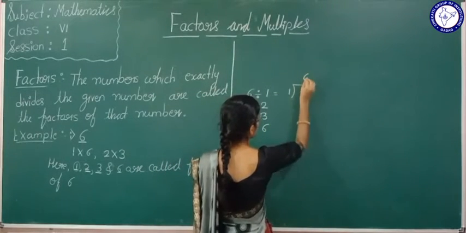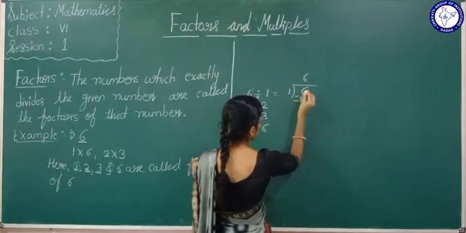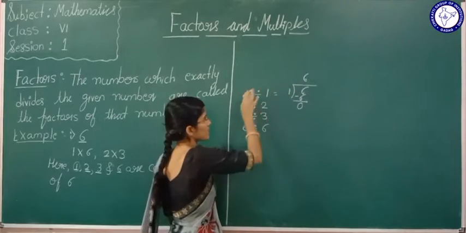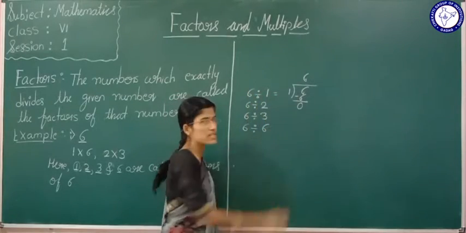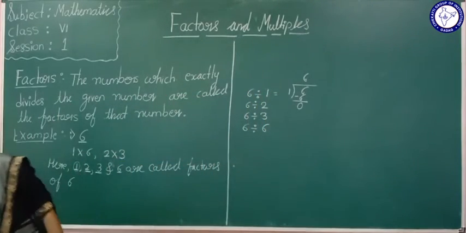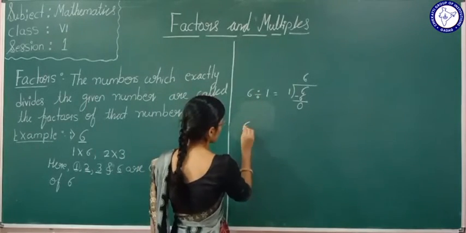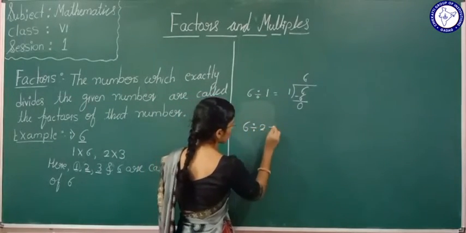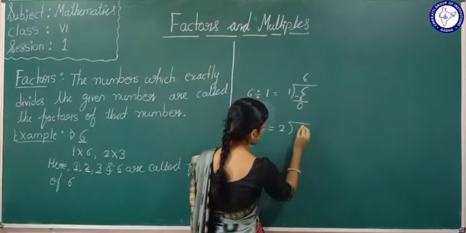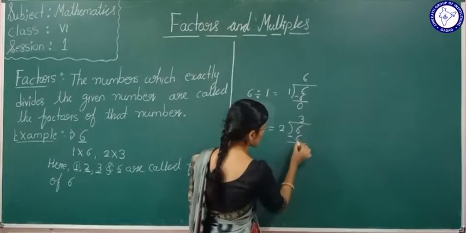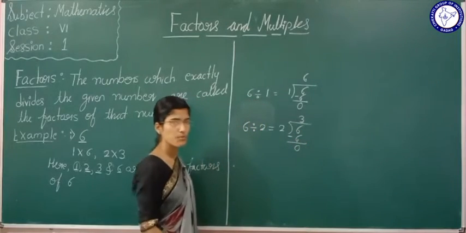1 6s are 6. I am getting answer 0. It is dividing exactly, no? 6 divided by 1 is 6. In the same fashion, you do 6 divided by 2. 2 3s are 6. 6 minus 6 is 0.